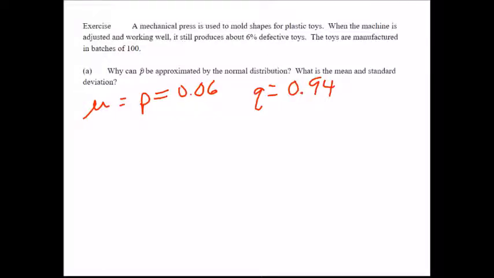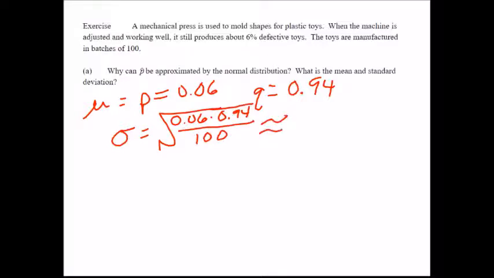The standard deviation is the square root of 0.06 times 0.94 divided by the number that we're dealing with, batches of 100. So let's do that. Square root, 0.06 times 0.94 divided by 100. So about 0.024.